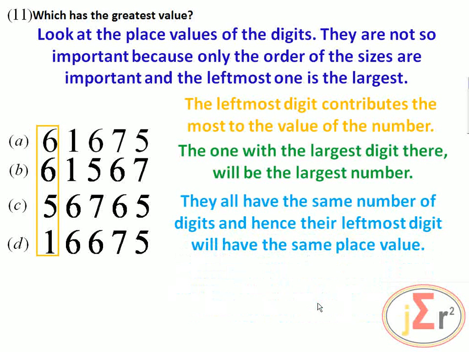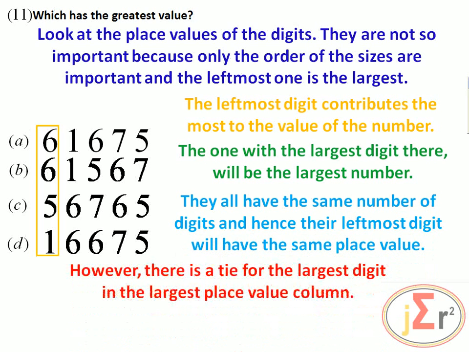They all have the same number of digits, and hence their leftmost digit will have the same place value. However, there is a tie for the largest digit in the largest place value column. So because there's a tie for the largest digit in the largest place value column, we cannot come to a conclusion as to the largest number.